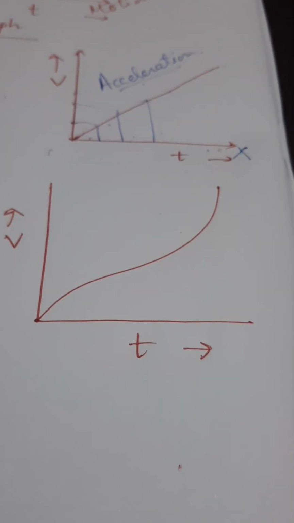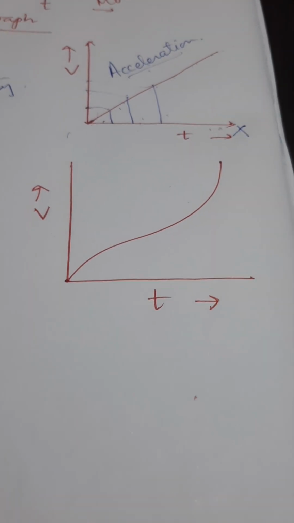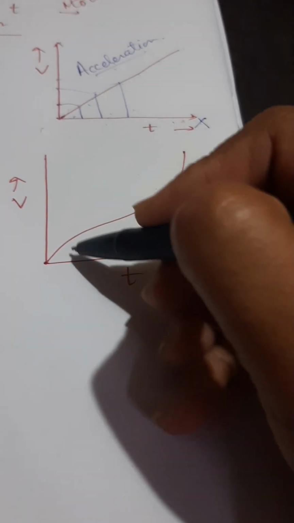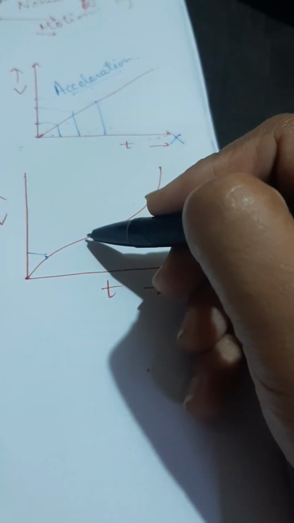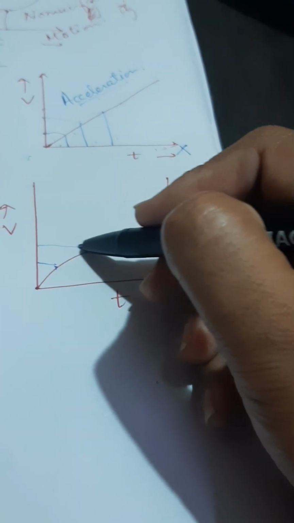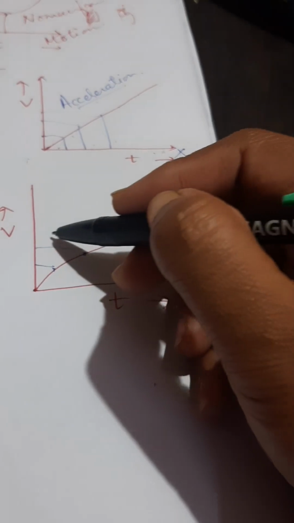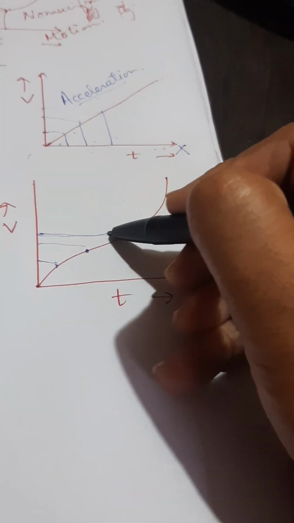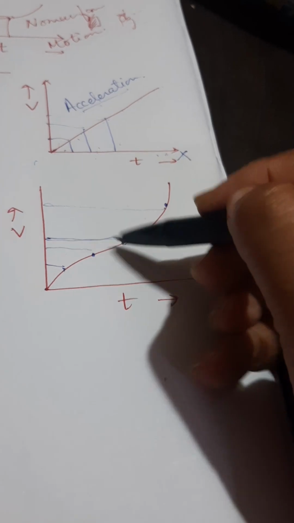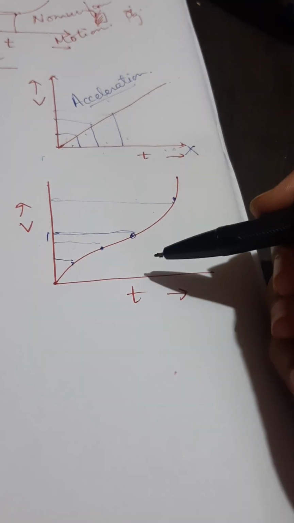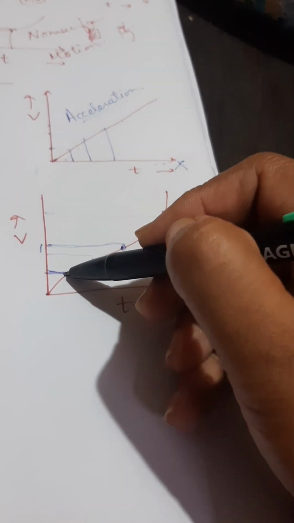Now comes the fourth graph. Here you see, at every point, whatever the velocity is, it is not changing uniformly. Sometimes the change is high like this, and sometimes the change is not so much. Here we see a certain change.